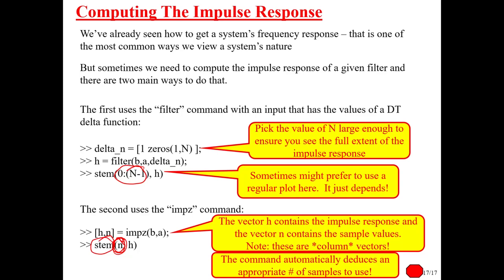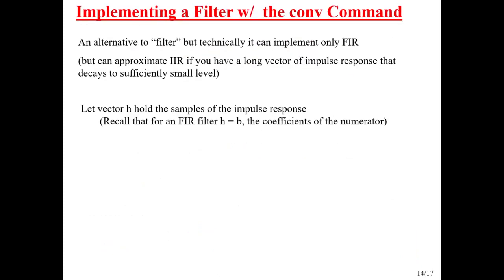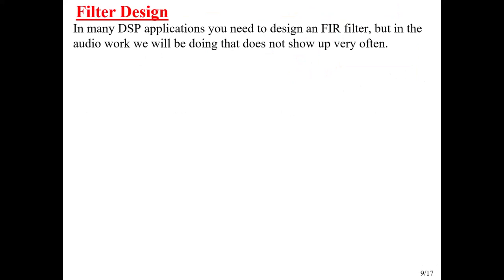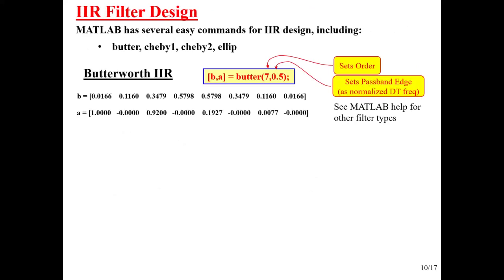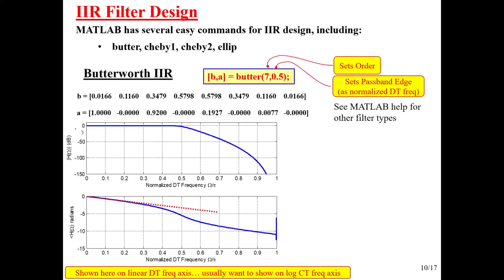And I haven't said it in any of these. I should have been saying it all along. I'm showing you the plots, the plot commands, but make sure you label your axes. So let me just back up here. Notice that when I make a plot, I'm labeling my axes. I'm labeling what my axes are. And I'm telling you what the units are.